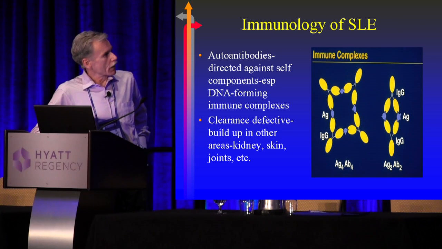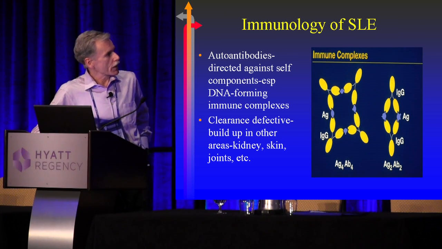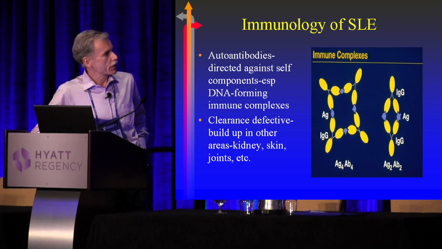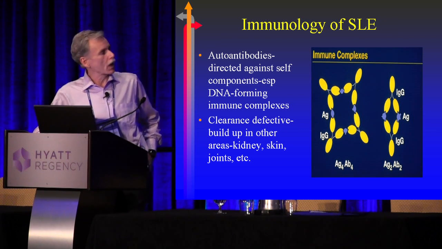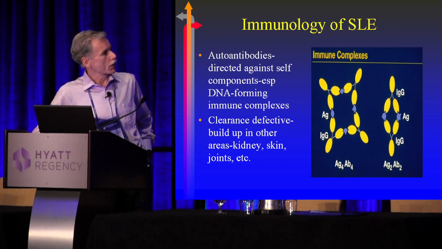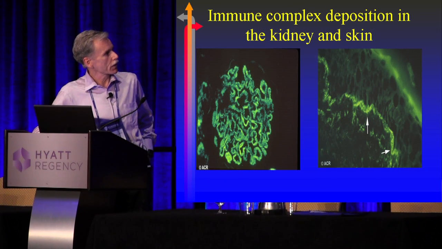A little bit more about the immune complex formation. Again, we think that this is the result of a defective clearance or buildup of these immune complexes in other organs, in the case of lupus in particular. And this shows immune complex deposition.